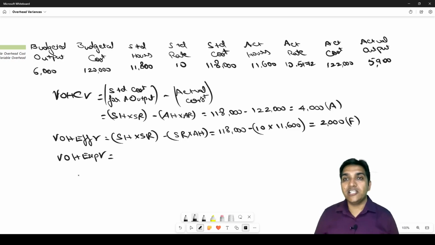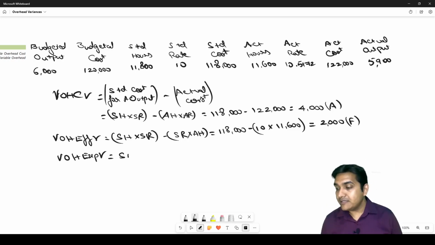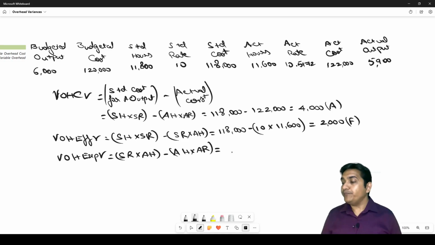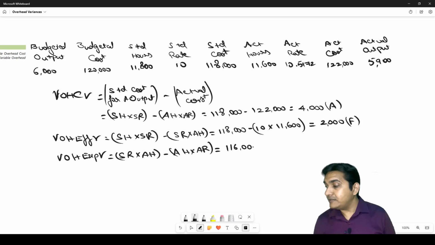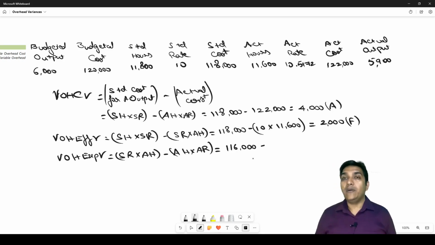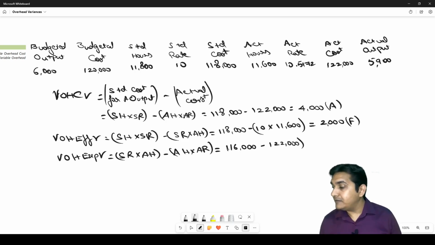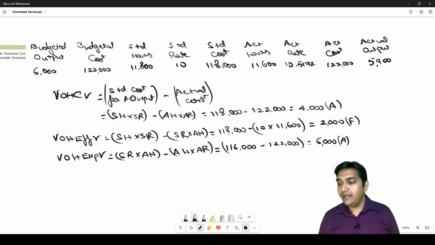The formula for this would be standard rate into actual hours minus actual hours into actual rate, which is equal to standard rate into actual hours, which we calculated in the previous step, 1,16,000, minus actual rate into actual hours, which is the actual cost, 1,22,000. So this comes to 6,000 adverse.